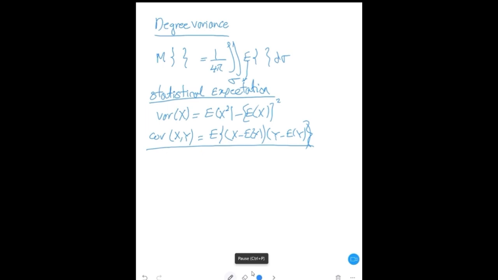Now, how is this covariance equation related to the gravity field? If I replace the statistical operator with the mean value operator that I have already defined, and replace the statistical expectation of x with normal gravity, and the same for y, then I can write, for example, g minus normal gravity for the first one, and for the second one g minus gamma, the gravity anomaly.